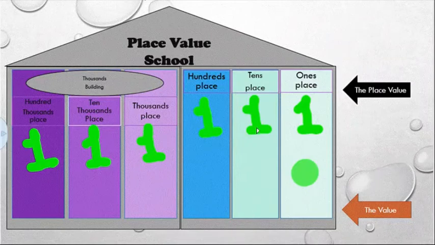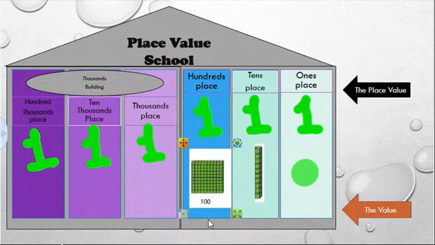But the value of 1 in the tens place is 10. And what about the value of 1 in the hundreds place? This one is not 1. This one is 100. That means the value of this one here is 10 times the value of 1 in the previous column.